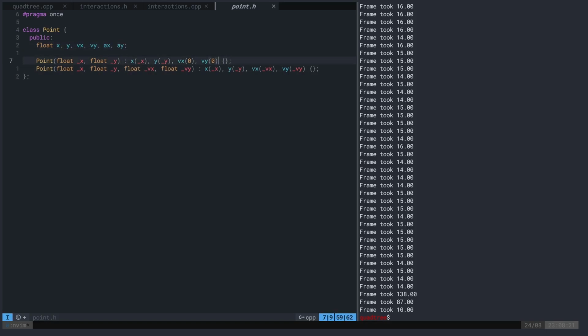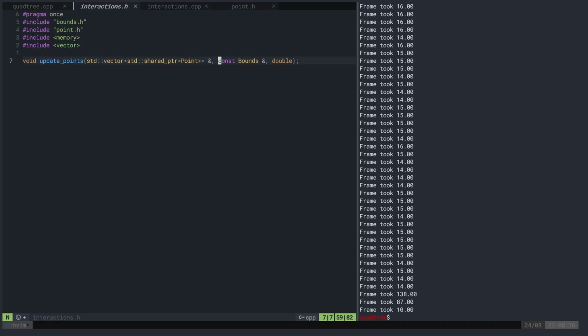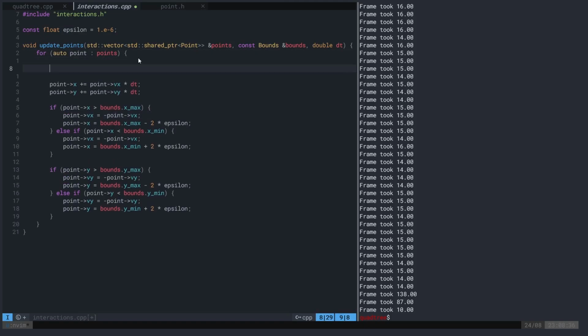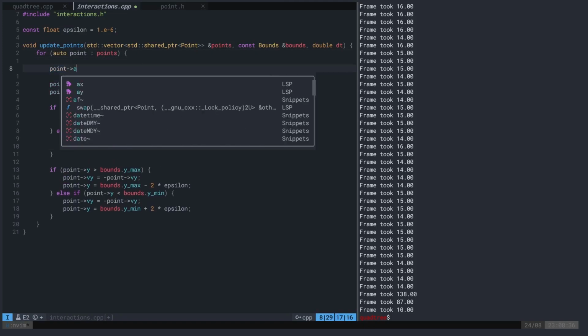And we're going to set all of these accelerations to 0. So let's initially start at 0. And the way we want to do this is in our interactions.cpp, we want to update our velocity by this acceleration. So let's really quickly add that in here.